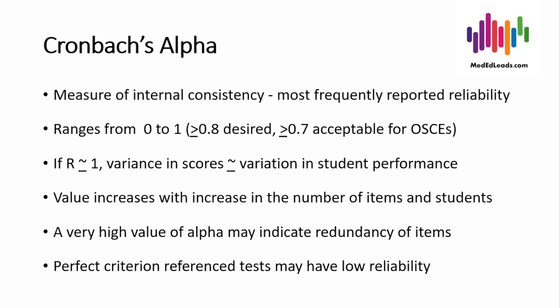Think of an OSCE exam. It has a few stations on history taking, a few stations on examination, a few on counseling, very different skills. A few on respiratory system, a few stations on cardiovascular system, a few stations on nervous system, different skills being tested.